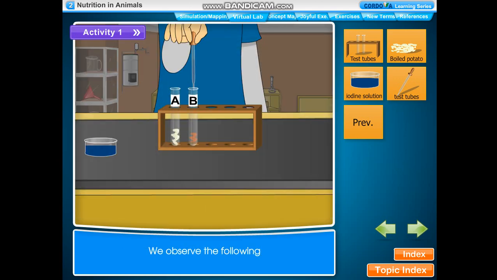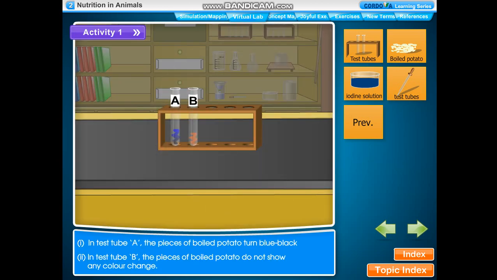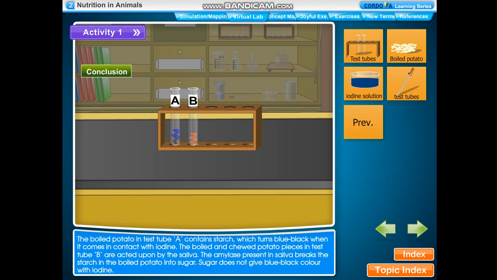We observe the following. In test tube A, the pieces of boiled potato turn blue-black. In test tube B, the pieces of boiled potato turn reddish-brown to yellow. Conclusion: the boiled potato in test tube A contains starch, which turns blue-black when it comes in contact with iodine.